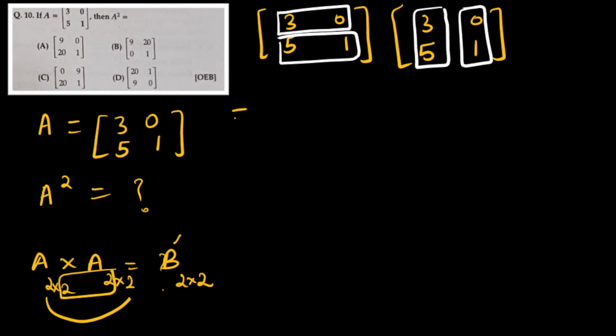So let's multiply. One row and one column will give us one element only. So 3 into 3, 9. I'll not write directly. So 3 into 3 plus 0 into 5. First element with first I have to multiply, then plus second element with second element. Then this one with both columns I have to do, and this one with both columns.